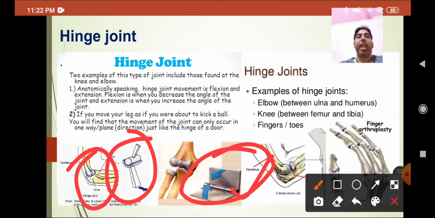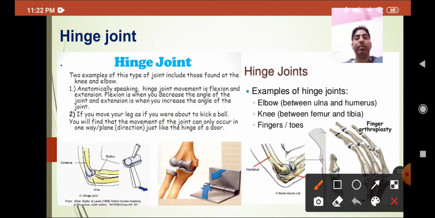Fingers also we can move only in a certain way. You can see here, the joints in the knees and toes. These are the places where the hinge joint is found.